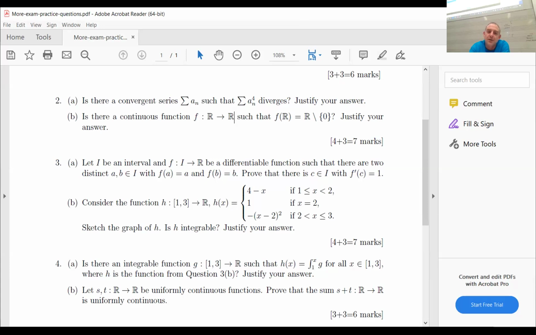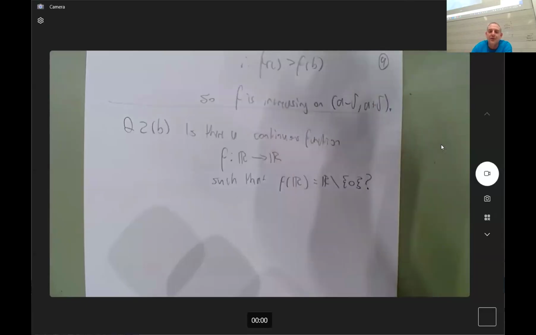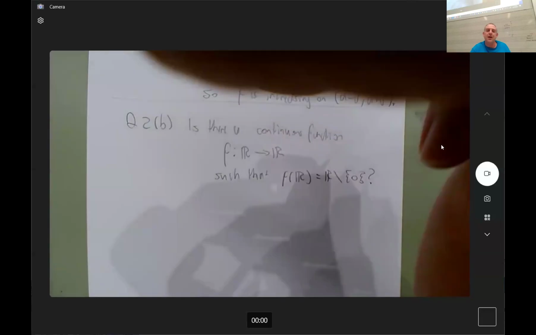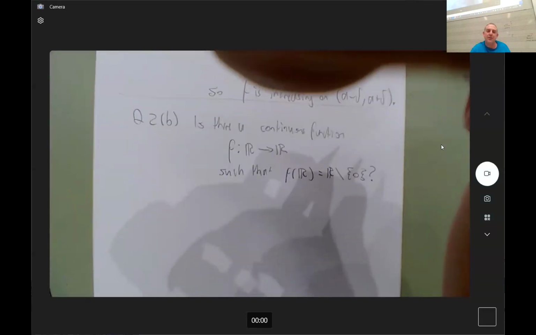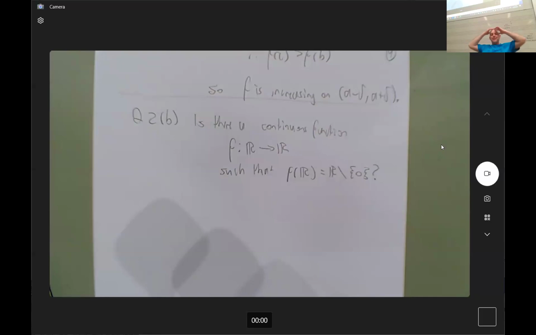Justify your answer. Of course you have to justify your answer. You're not going to give me a mark if I just say no or yes. If there really is one, then I have to tell the person reading it what it is. And if there isn't one, I have to tell them why.